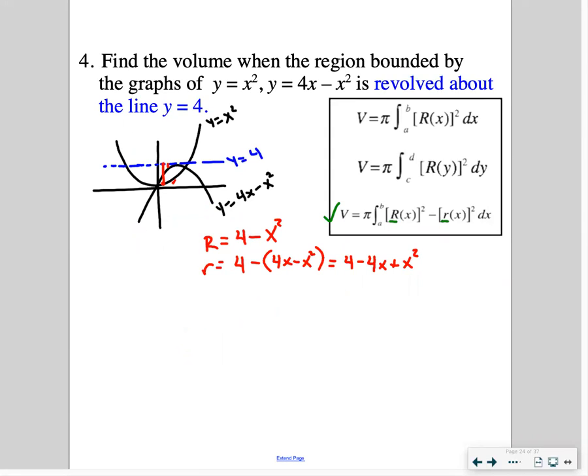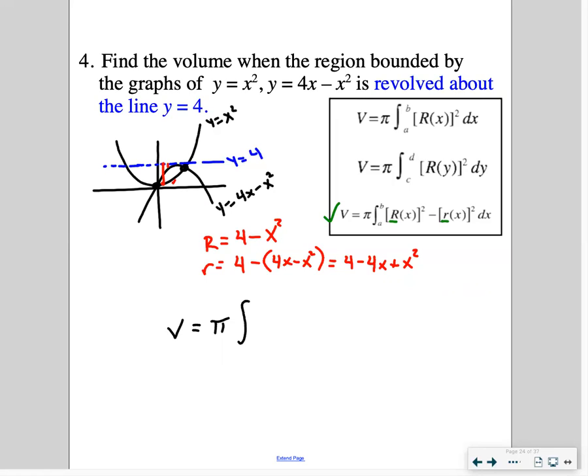Okay, so we're almost there. I'm going to say volume is equal to pi. Now we need our boundaries, right? So you would have to go on your calculator and see where these two meet each other. There'd be one right there and there'd be one right there. Again, just to save you some time, go second calc intersection, find where they intersect.